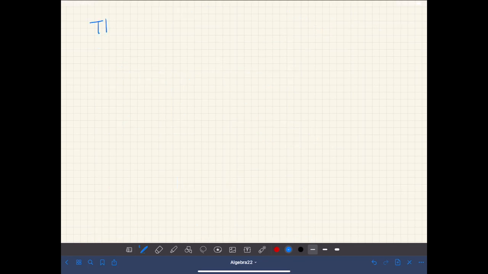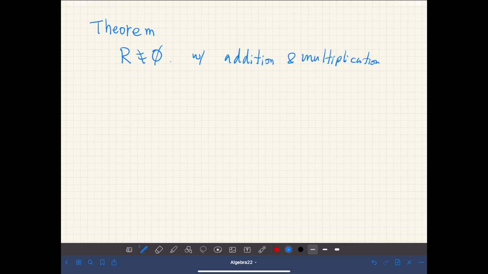Now let us introduce one theorem which is almost trivial, so we don't prove it, but you can just examine it. It's a characterization of a field. So let R be a non-empty set with addition and multiplication, so two binary operators.